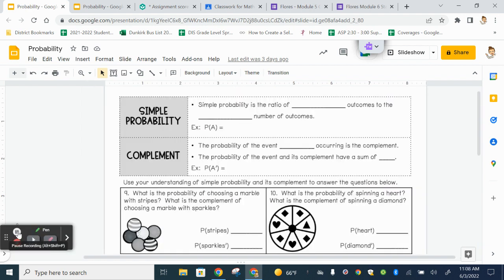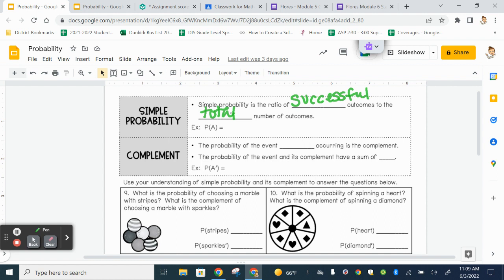All right, so now we're going to talk about simple probability and complement. So simple probability is the ratio of successful outcomes to the total outcomes. So this is like a part to whole ratio.